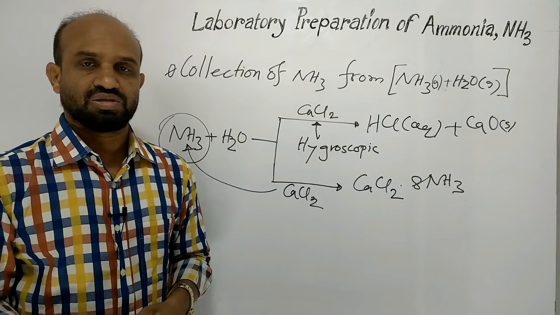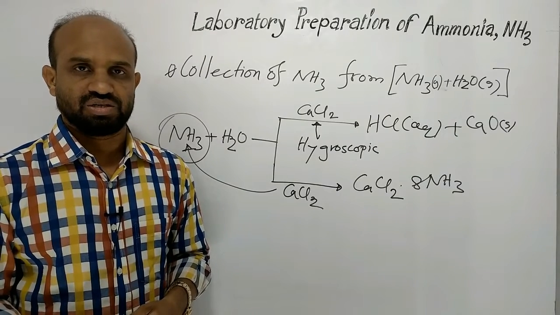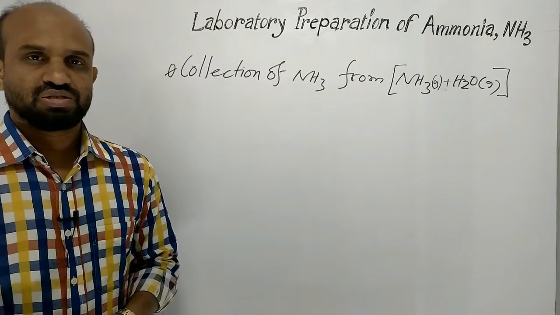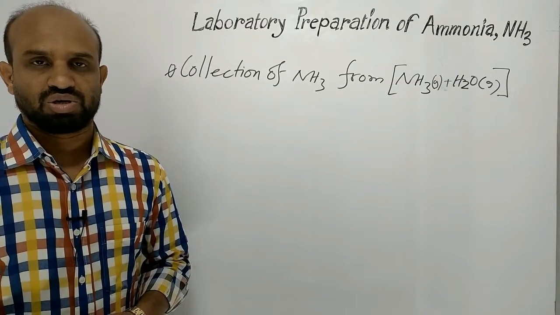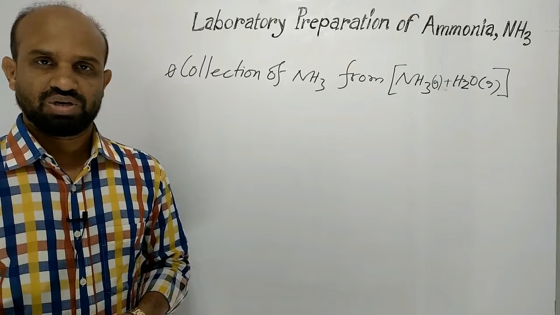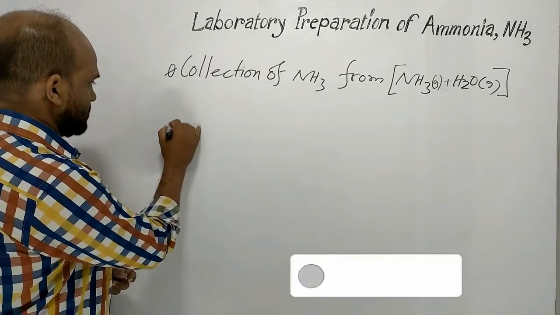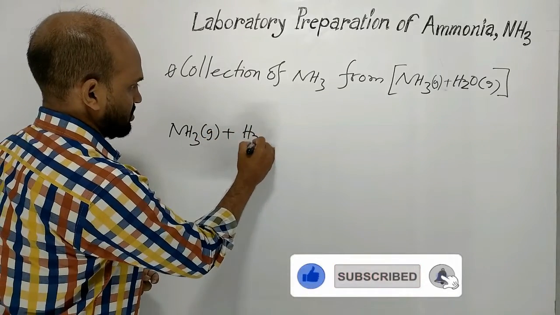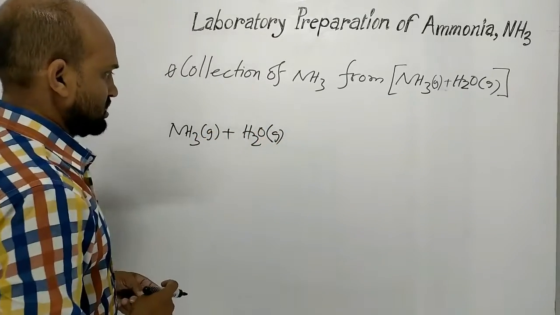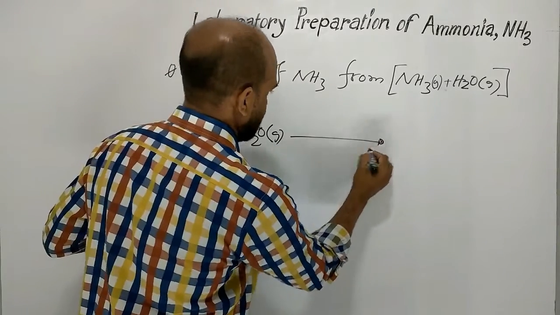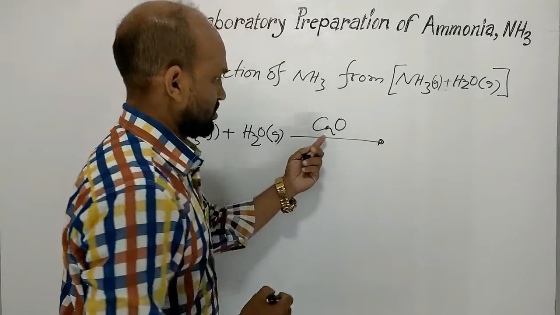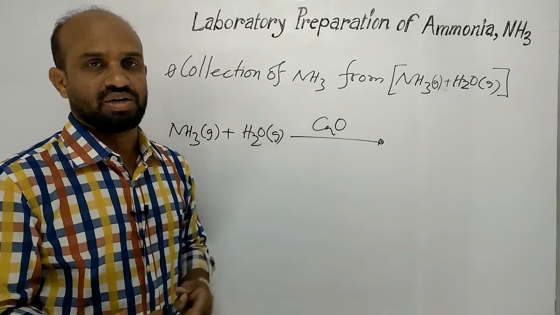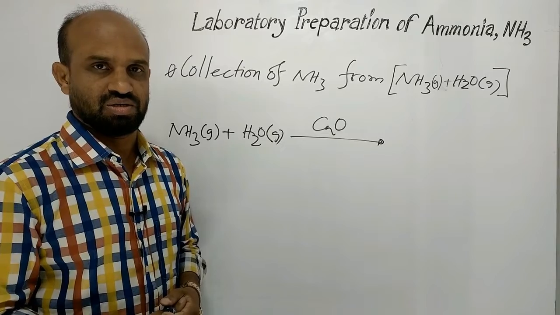Let's see another process to separate ammonia gas from the mixture of ammonia and water vapor. In this process, the mixture of ammonia and water vapor is passed over quicklime, calcium oxide, which is known as hot lime and burnt lime as well.